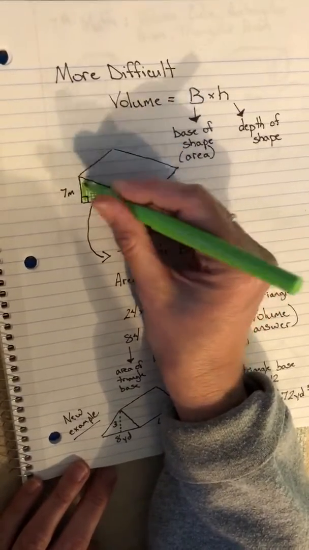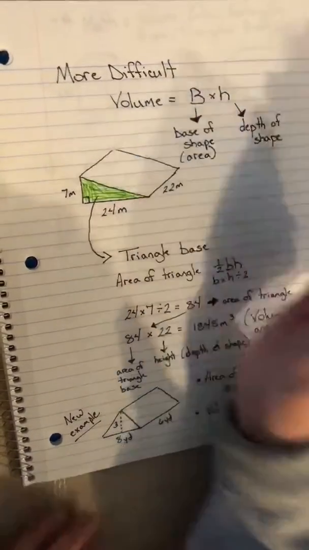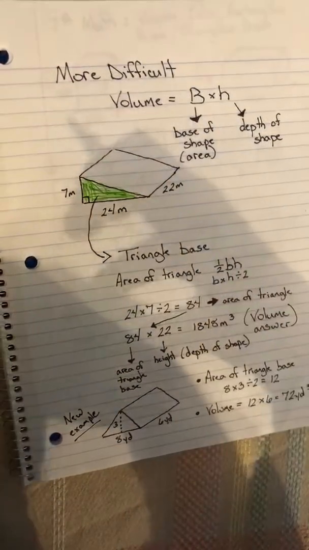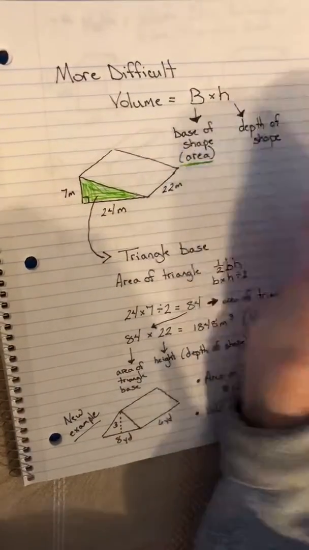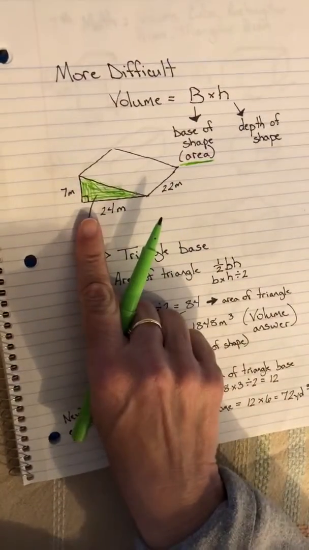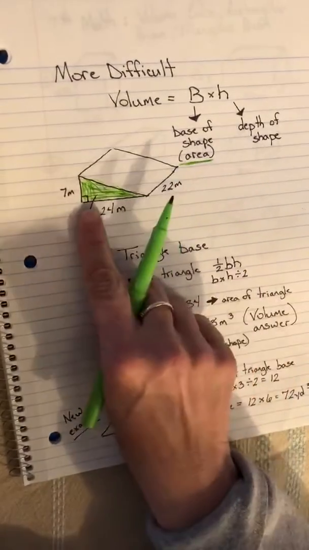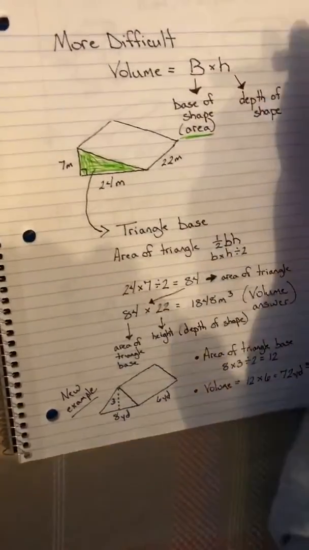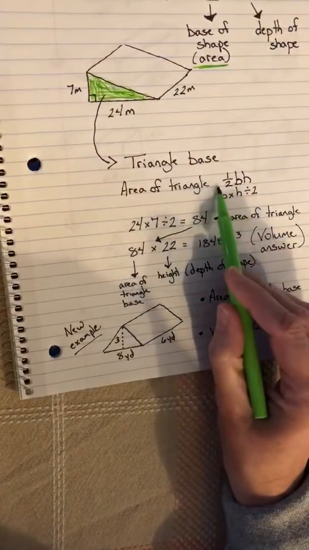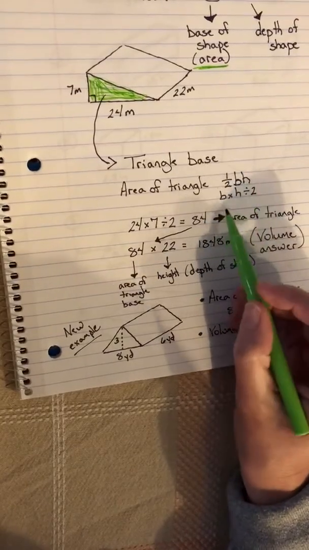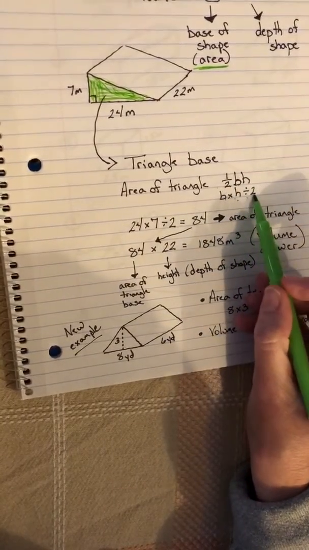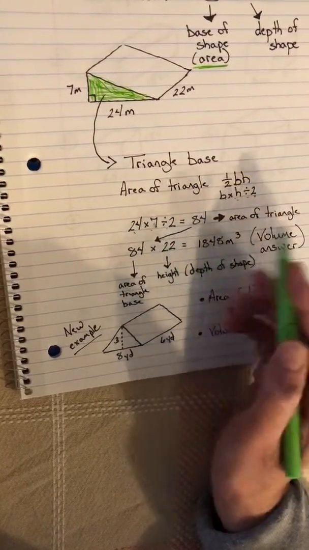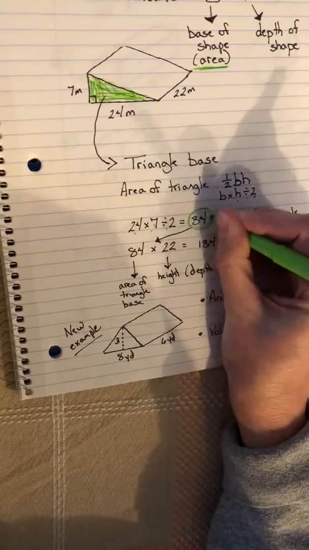It's kind of like the shape of a ramp, and we are going to act like the triangular part is the base of the shape. So what we need to do is figure out the area of the triangular part. Remember, area of a triangle is 1/2 base times height, or base times height divided by 2. So I did 24 times 7 divided by 2 is 84.